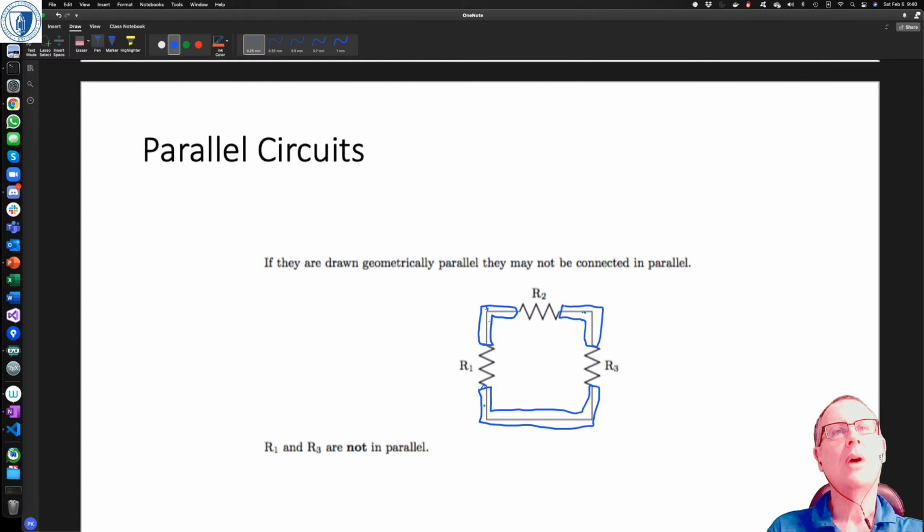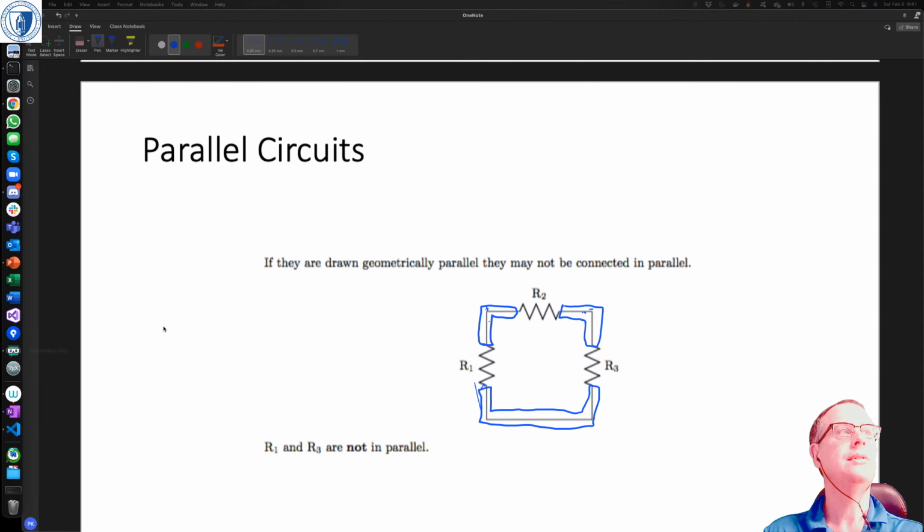Even though R1 and R3 are connected to the same node here, they're not connected to the same node at the other end. So let's just pull that up and pull that up. Okay. So they're not in parallel electrically.